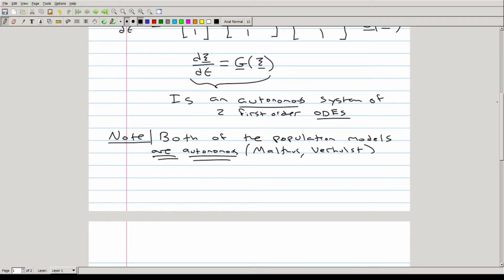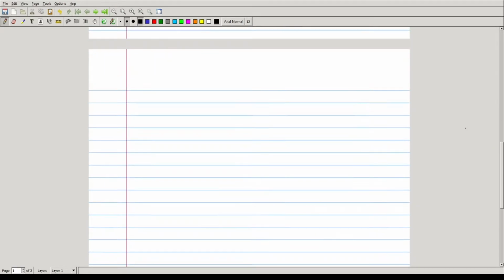And so the first theorem that I want to present today, and this is specifically for autonomous differential equations, is a sort of shifting theorem. Which says that if we have a solution of an autonomous first-order differential equation, we can shift our solution.